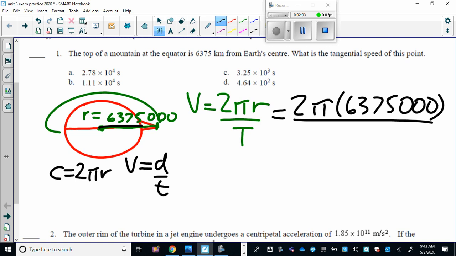So 24 hours in seconds will simply be 24 hours times 3,600, because there are 3,600 seconds in an hour, and you multiply that out and you get 464 meters per second.